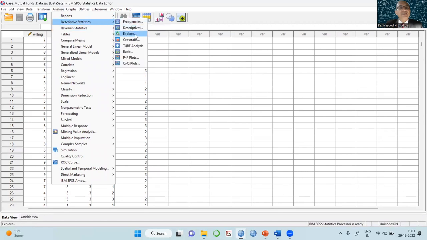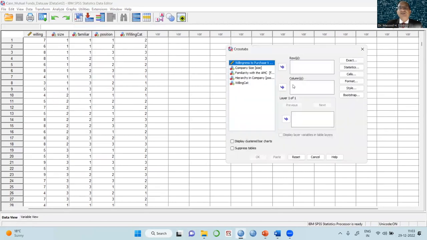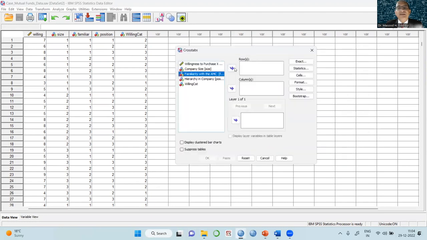In the descriptive statistics, we have cross tab, cross tabulation, right? So here in the rows, we will be selecting the familiarity variable in the rows and willing cat into the column part. Right? Now, for the demonstration purpose, I will be using display clustered bar charts.